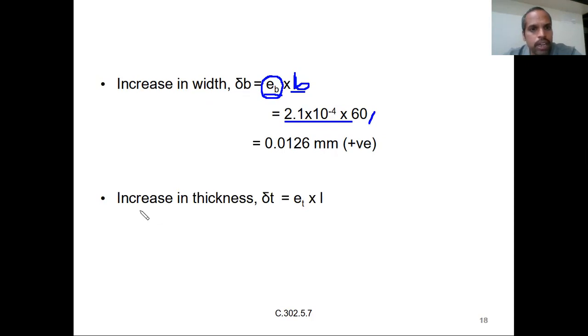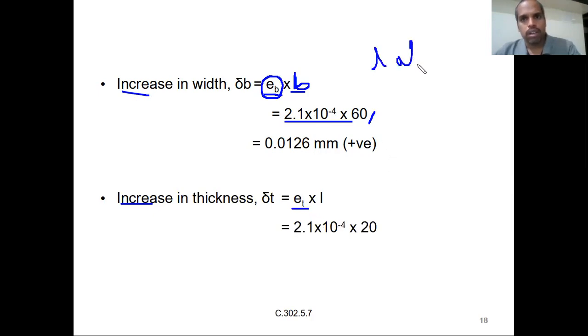And similarly, thickness also increases. When length decreases, both thickness and width increase. That's why it is an increase. Delta T is equal to ET, the strain along the thickness direction. Along the length direction it will be different, whereas for lateral, both along the width and along the thickness, the strain is the same lateral strain.